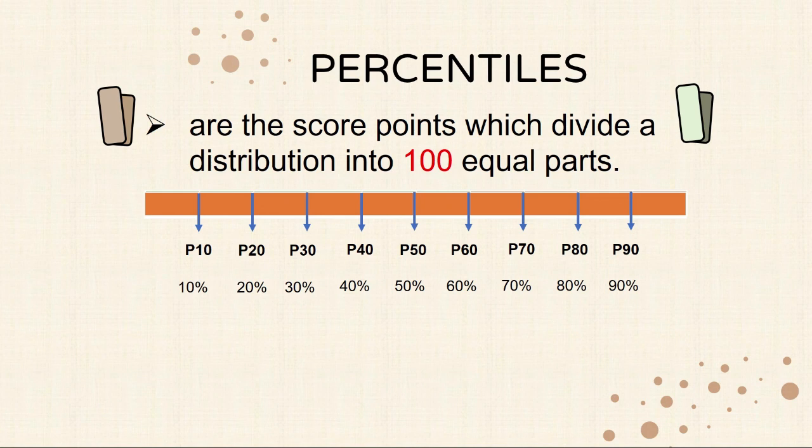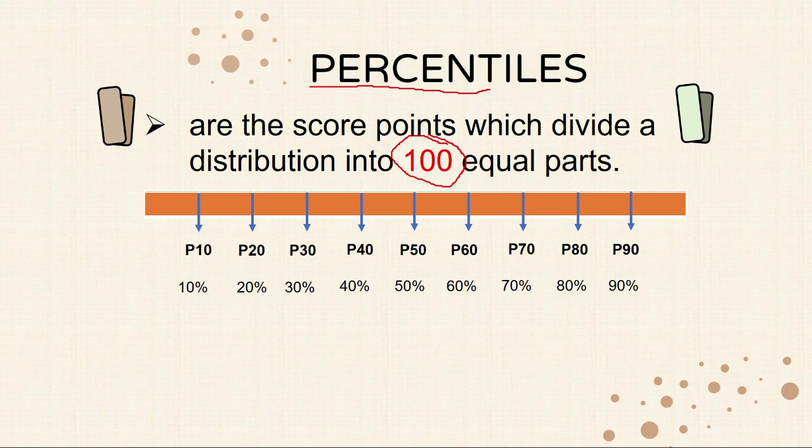Next is percentile. The percentiles are the score points which divide a distribution into 100 equal parts. To easily remember, we look for the keyword percent. Percent means 100, right?